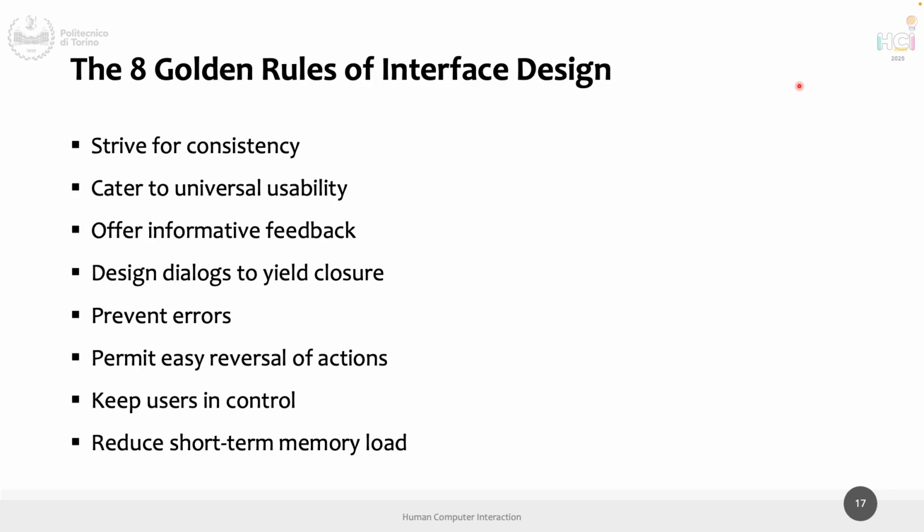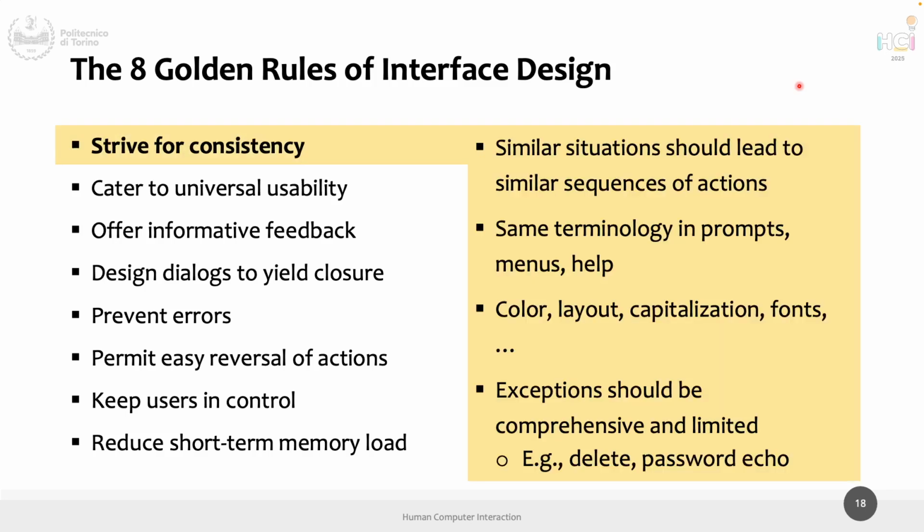So all of these stem from some theories in the end, they are just more practical. So what does strive for consistency mean? It means that in an interactive system, similar actions in similar situations should lead to a similar set of actions. And the same terminology as well. So consistency in terms, in prompts, menus, help, in whatever situation.